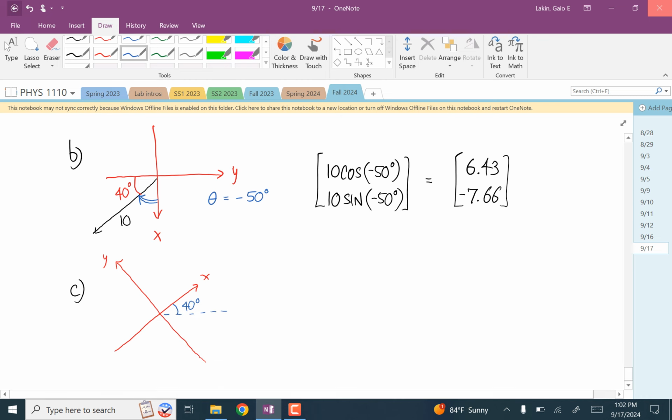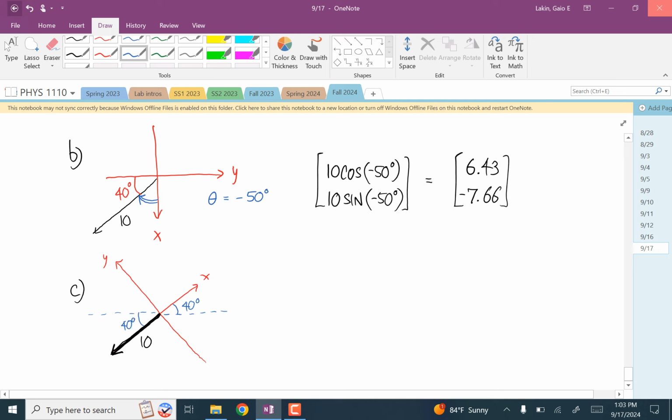And so if I continue this horizontal, the vector goes straight like this and has a magnitude of 10. This angle is 40 degrees.